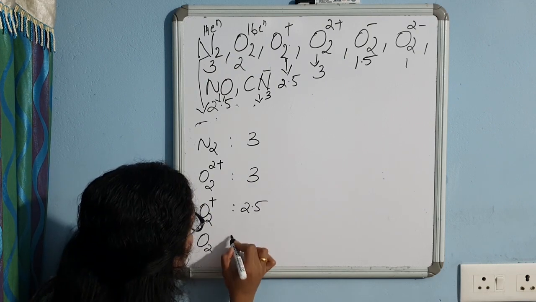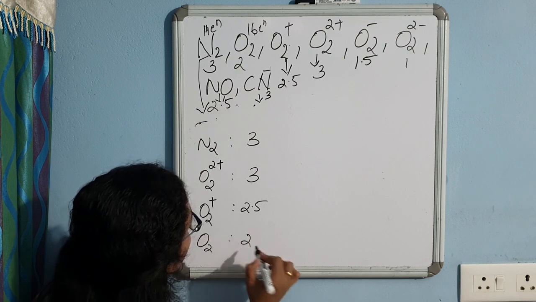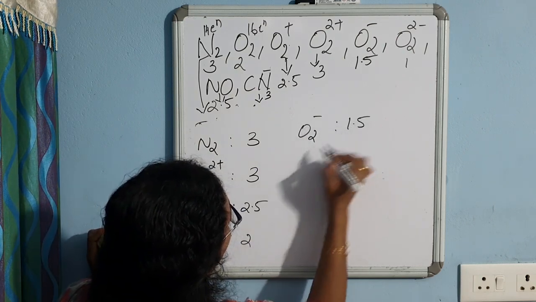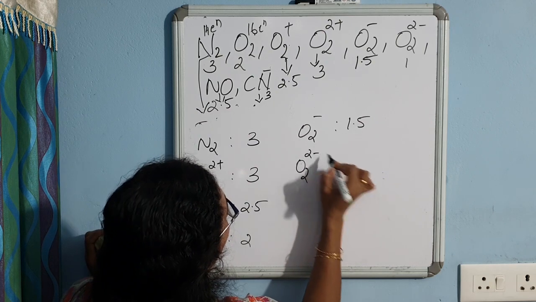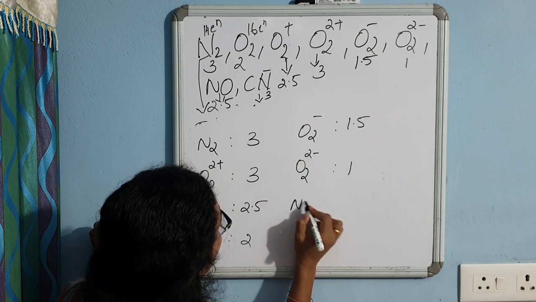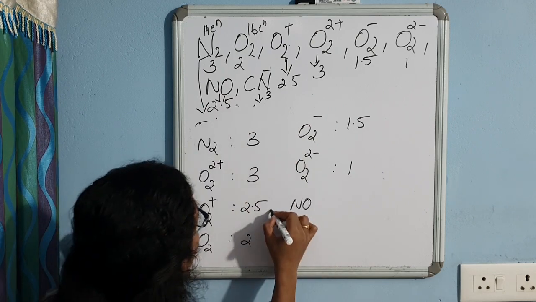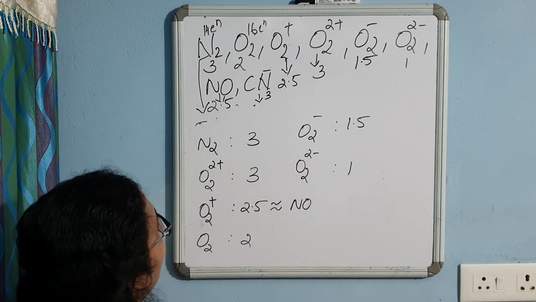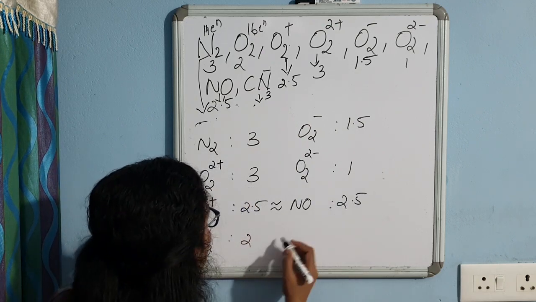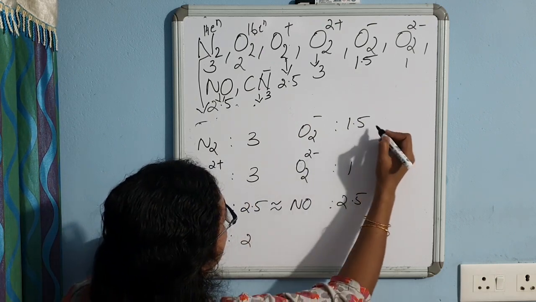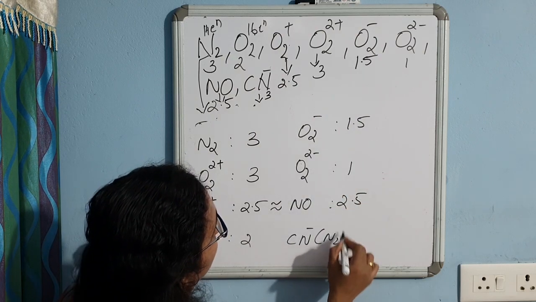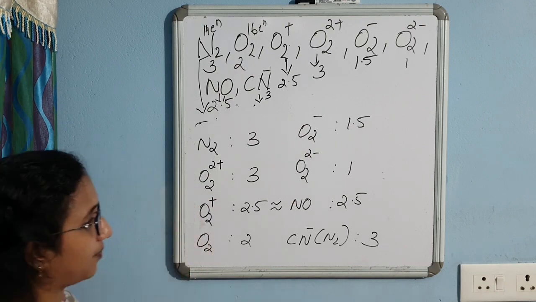Then we have O2 bond order 2, O2 minus 1.5, O2 2 minus 1. Then we have nitric oxide which is isoelectronic with O2 plus. So that is having 2.5, and CN minus is isoelectronic with nitrogen. It is having a bond order 3.